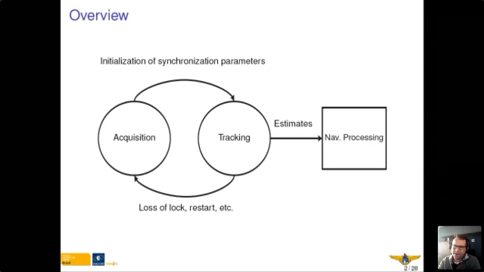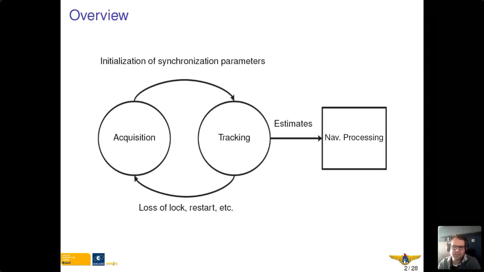You have to do this very fast, because you want to navigate, right? If your receiver is already running, then it's navigating all the time. But if you switch it on, then it takes a while, because it's not only the acquisition time, but also you have to receive the navigation data from some source. Sometimes this is fast, sometimes this is not so fast.